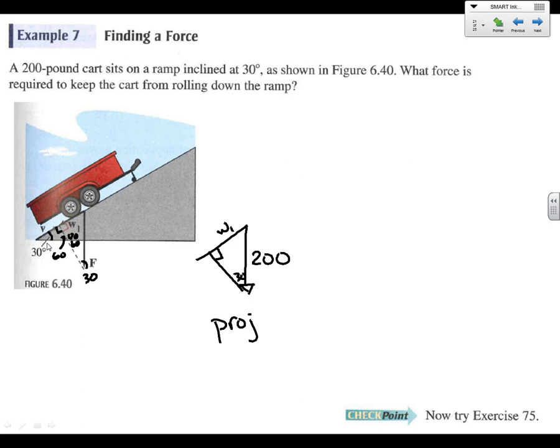So we're projecting F onto the original vector V. The formula would be the dot product of F and V over the magnitude of V squared times the original vector V. So on this one, we know, oh, hold on one second.